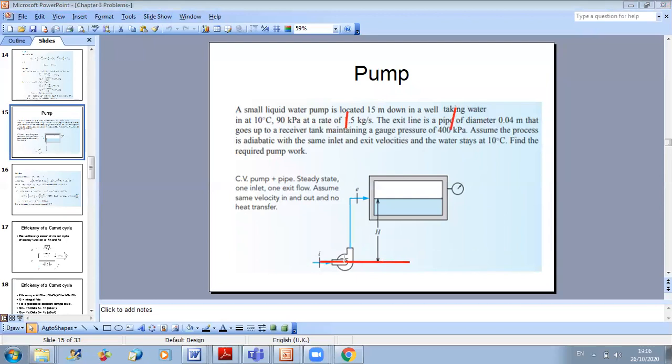So if I take my reference here, this will correspond to Z inlet equal to 0. So Z in is 0 and Z out here is equal to 15. Okay, so this is Z out equals 15.